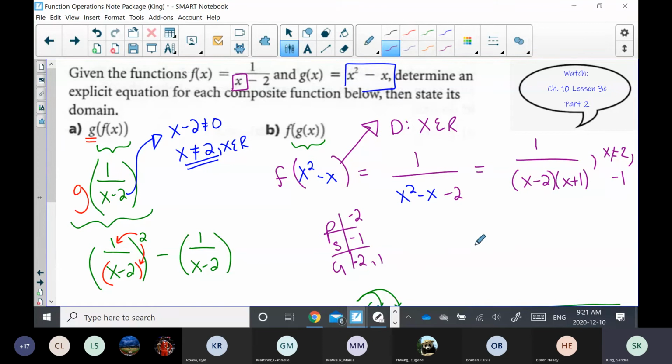If I said, what is the domain, it is x cannot be equal to 2 or -1, but other than that, x would belong to the set of real numbers. Okay, so that's just how we do domains. You always just tell me the domain of the inner function, then you do your explicit equation, and you find any restrictions, and you're going to put those restrictions in your domain.